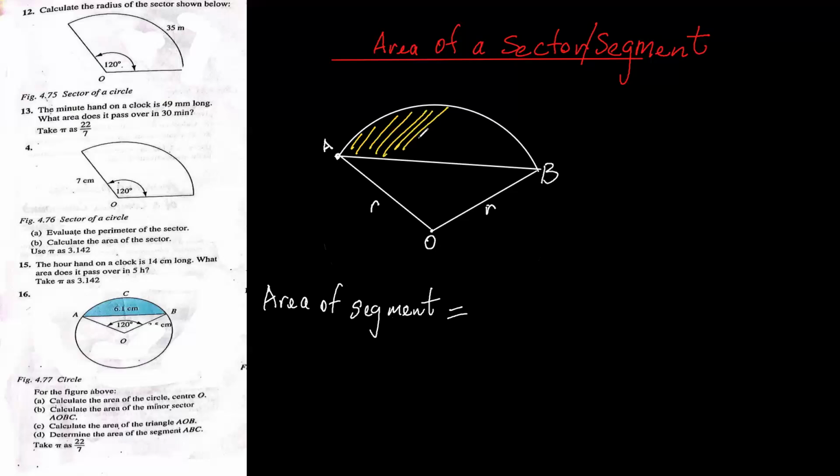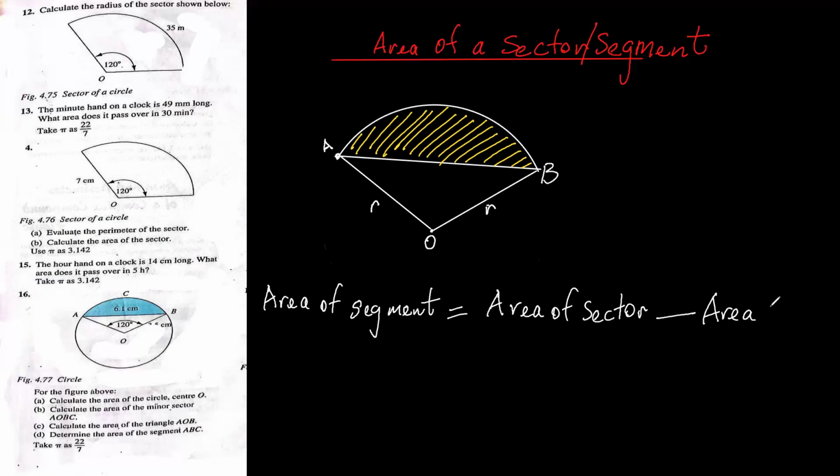to find the area of the segment, we need to find the area of the sector minus the area of the triangle.